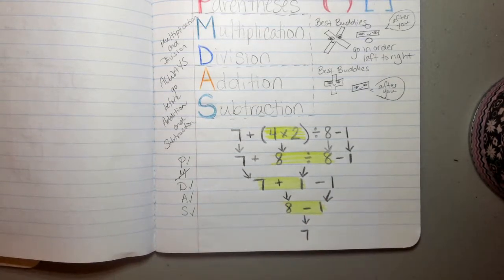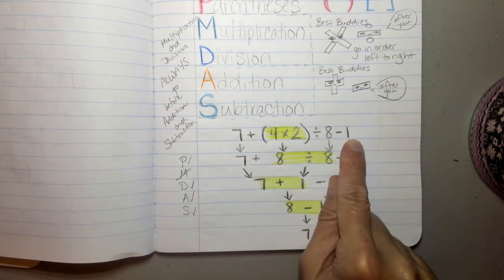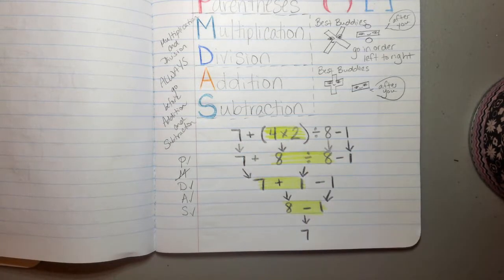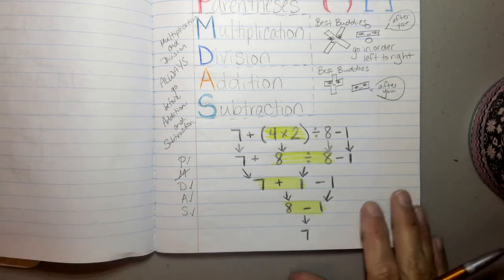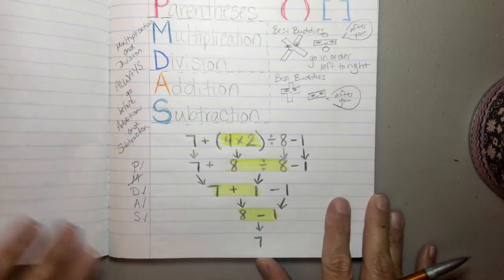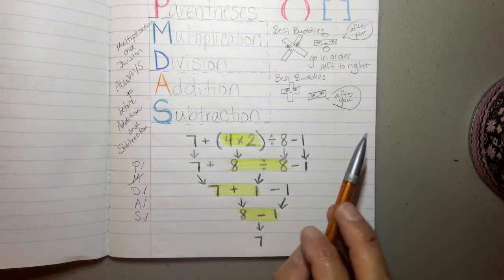So the answer to this big long string, 7 plus 4 times 2 divided by 8 minus 1, is 7.